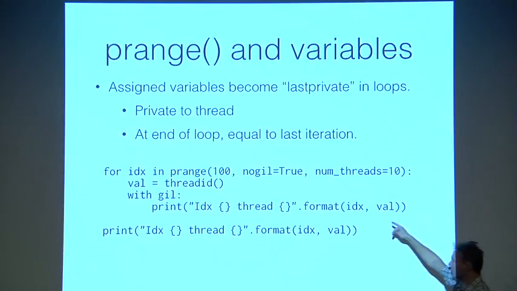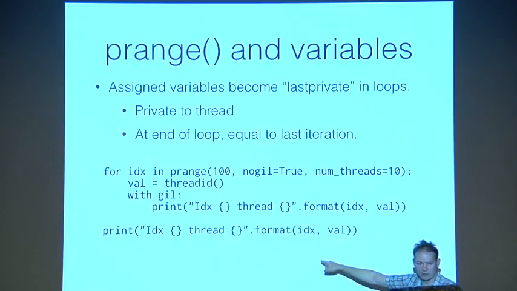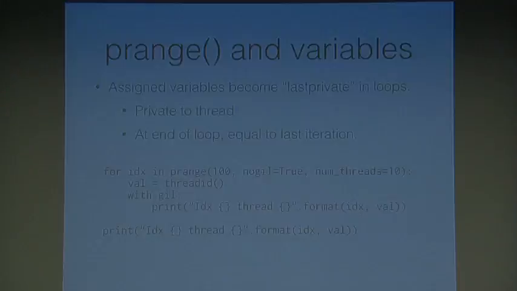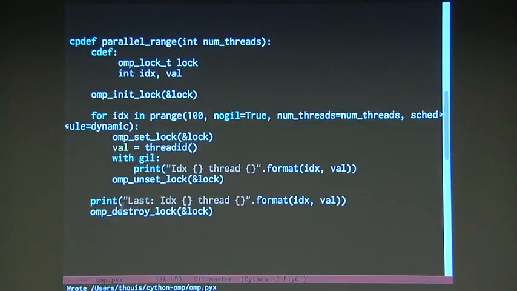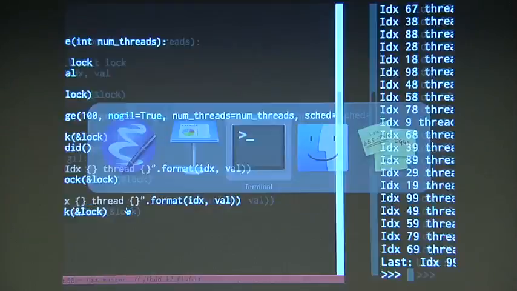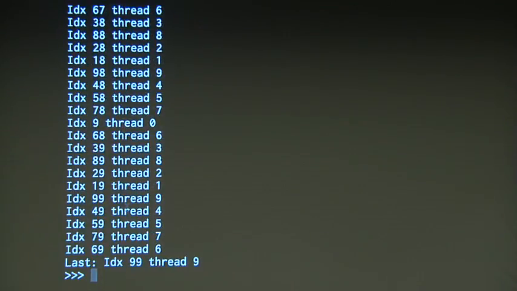So we had this loop in there, and I added an extra print right here. Basically, at the end of the loop, the value will always be the last iteration. So the last iteration was 99, range 100, run by thread 9. Okay?